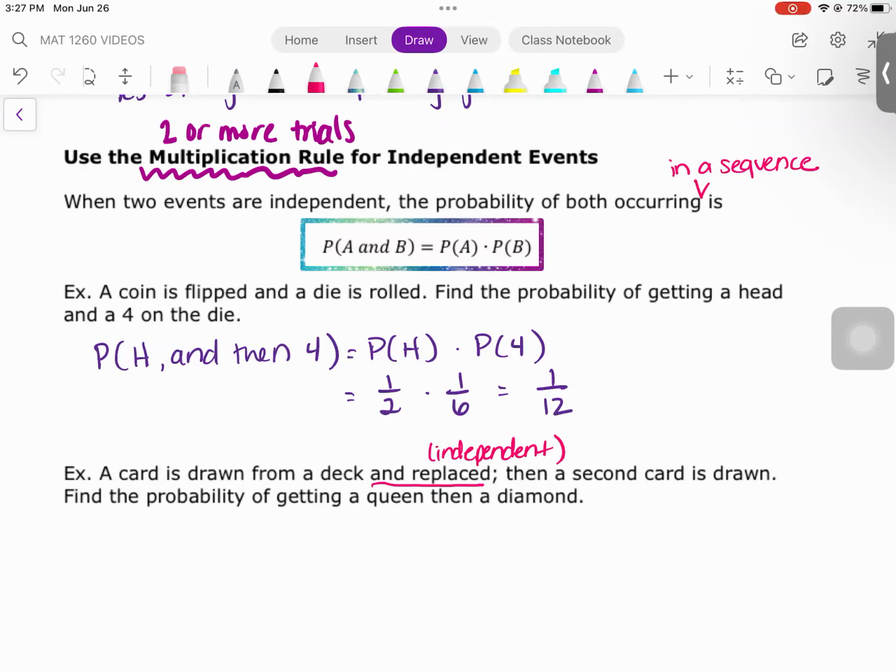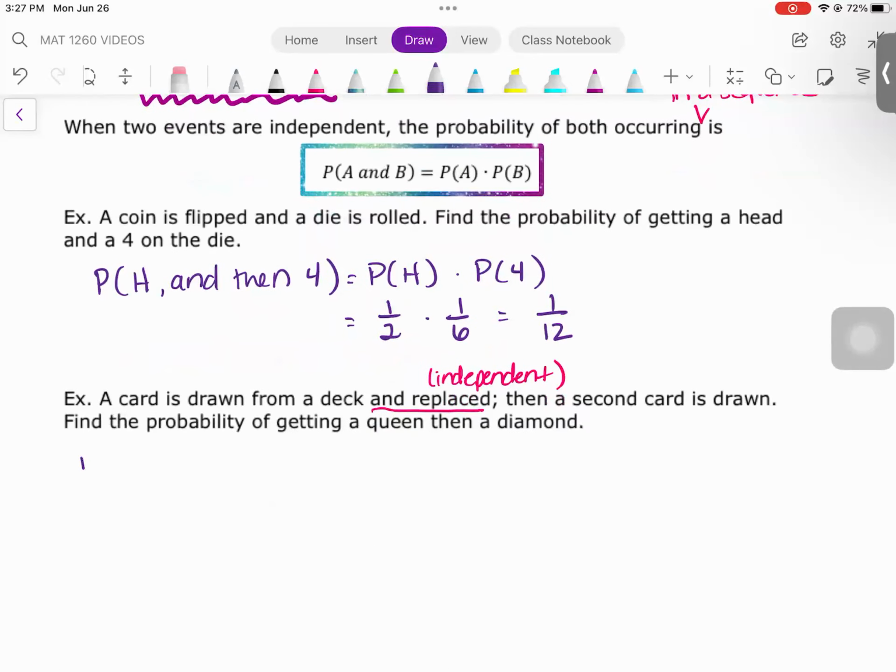That's a question we're going to answer in maybe our next video. So the probability of getting a queen and then a diamond is equal to the probability of getting a queen times the probability of getting a diamond.